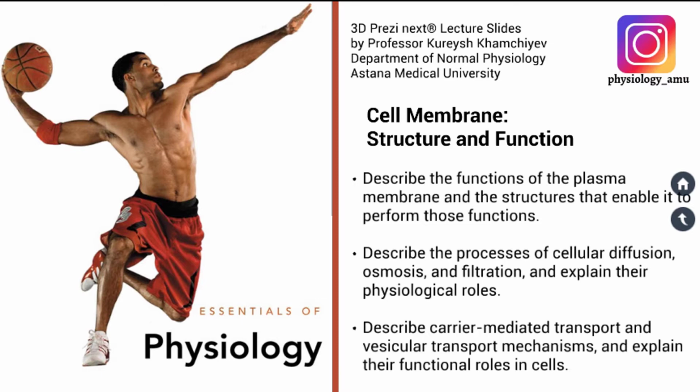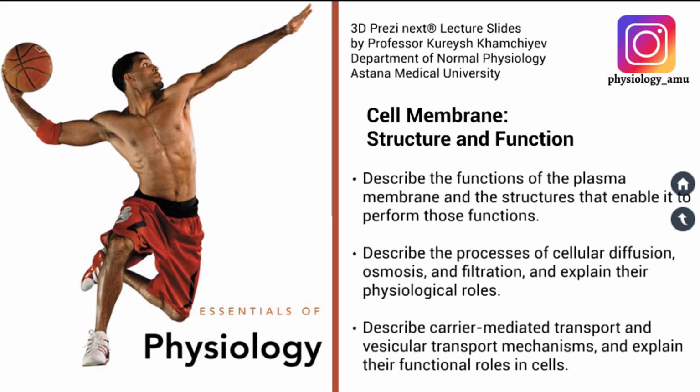As the outer layer of your skin separates your body from its environment, the cell membrane, also known as plasma membrane, separates the inner content of a cell from its exterior environment. This cell membrane provides a protective barrier around the cell and regulates which materials can pass in or out.